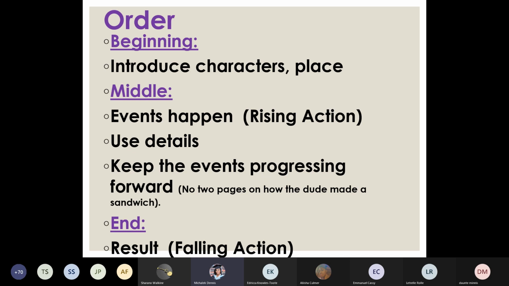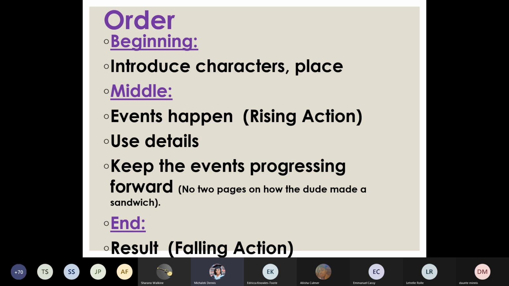This is the rising action, and this is also the place where you will probably have, coming towards the end of that, your climax. So we have the beginning, the middle, and the end. In our end, we have the falling action. But what else do we have?